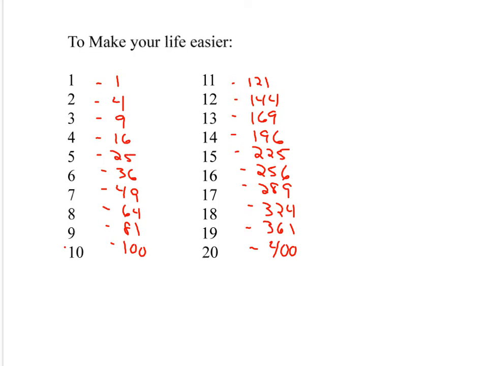Likewise, 5 times 5 is 25, so 25 is a perfect square. 121 is a perfect square, because 11 squared is 121. Stop the tape if you need to, but get these into your notes.